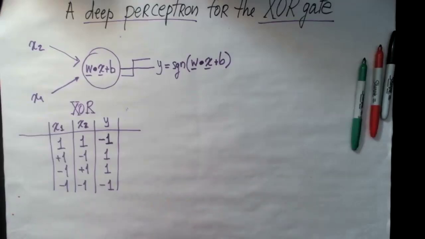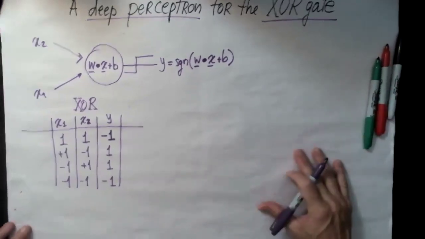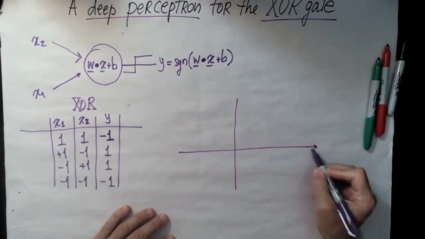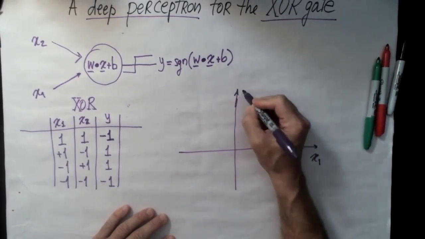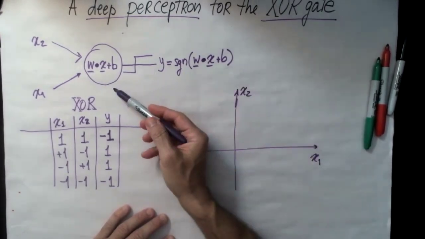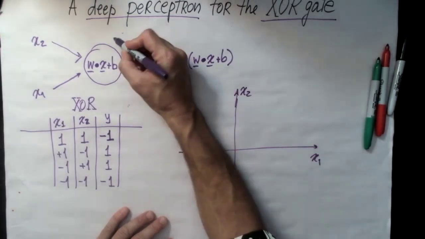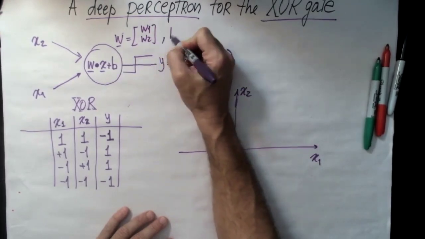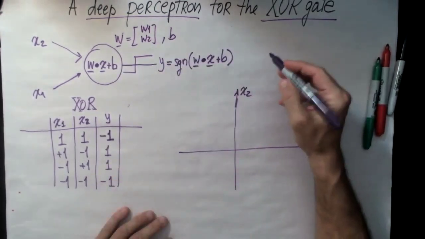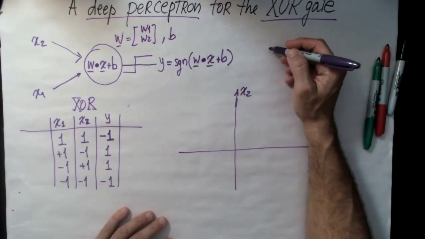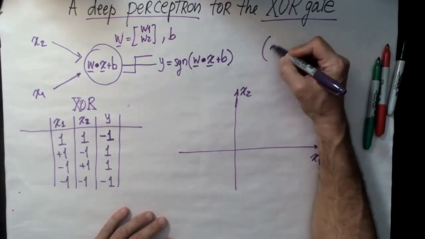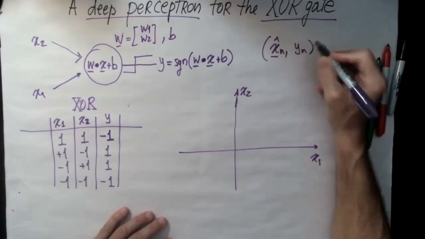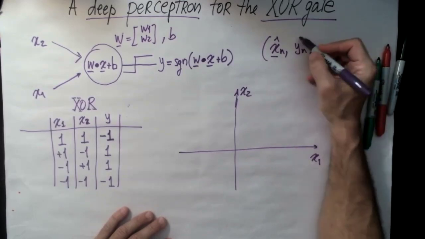And we have seen that if we plot the data points, when we want to train our linear perceptron to find the weights and the bias, we need the data points, which are given by pairs of an input and a label.